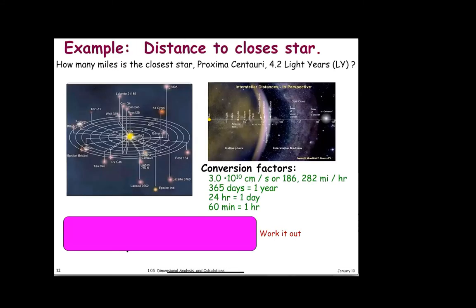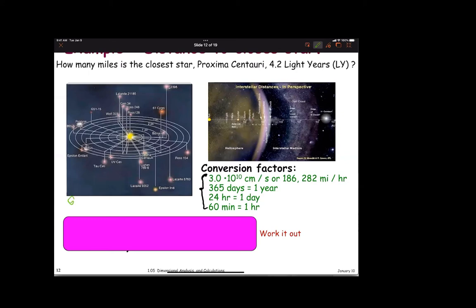Here is a question. How many miles is it to the closest star, 4.2 light years away? And the question is, how do I convert 4.2 light years to miles? The answer has to do with the conversion factors that you use. Here are a bunch of conversion factors. The given information is 4.2 light years, and the desired information is miles.